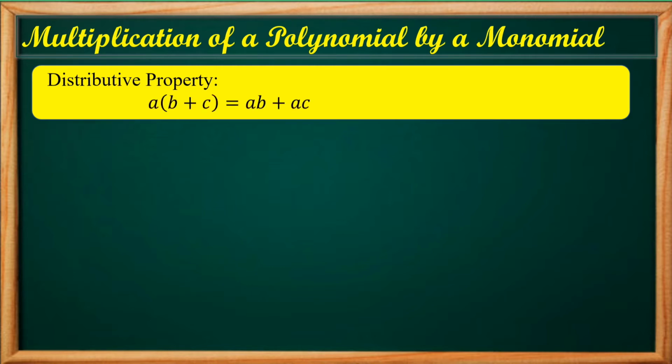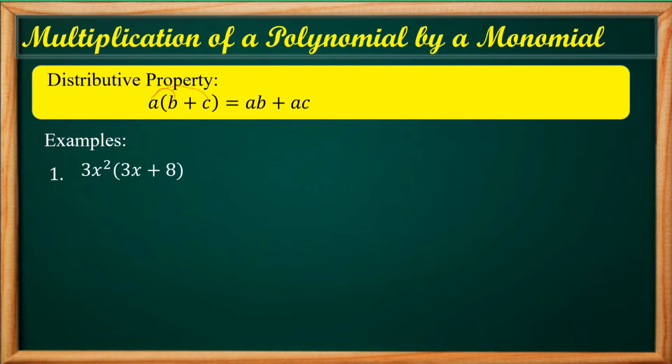Example, a times the quantity b plus c is equal to ab plus ac. Why? Because we are multiplying a and b, distribute, then a and c. We are distributing. That's why it becomes ab and ac.